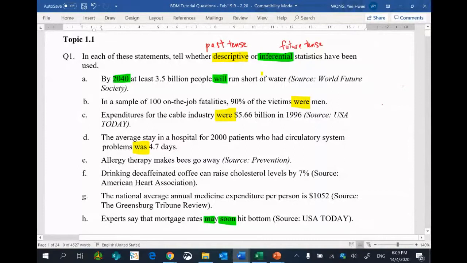A, 2040 is not now, it's future. And the other words that you can see are will, may, soon. Soon means it has not arrived yet.